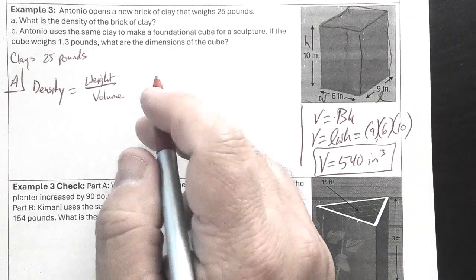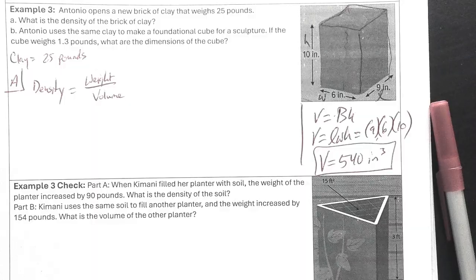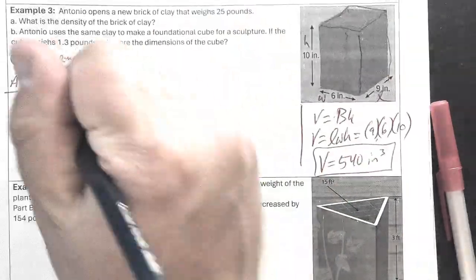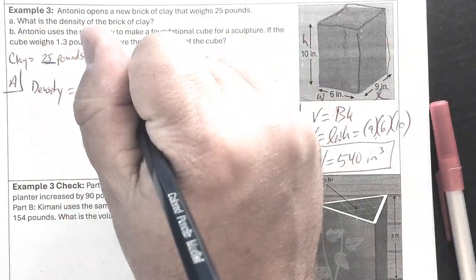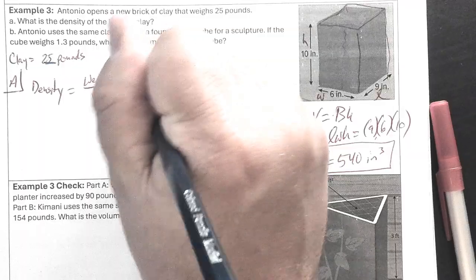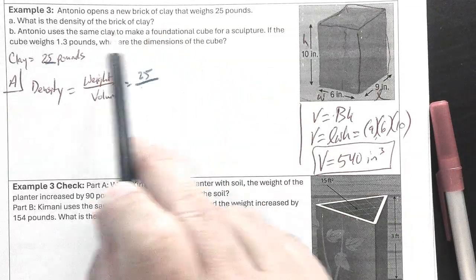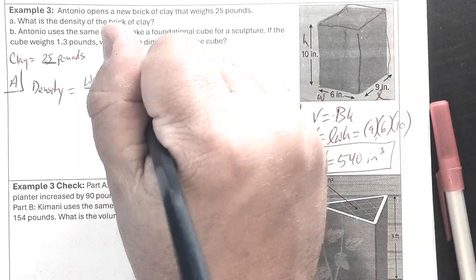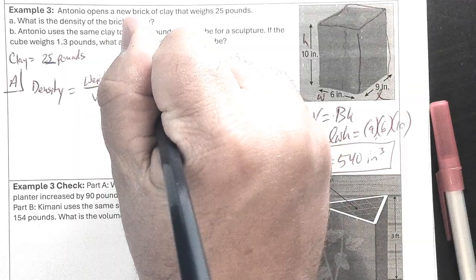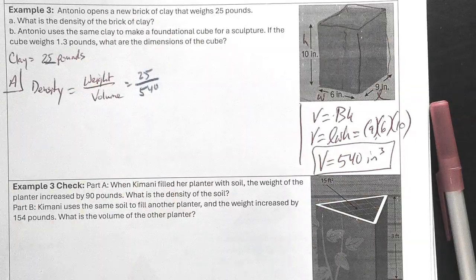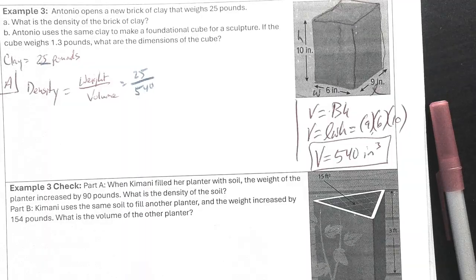So now we have 2 numbers to work with. They told us it weighed 25 pounds, so it's 25 pounds over 540 cubic inches.